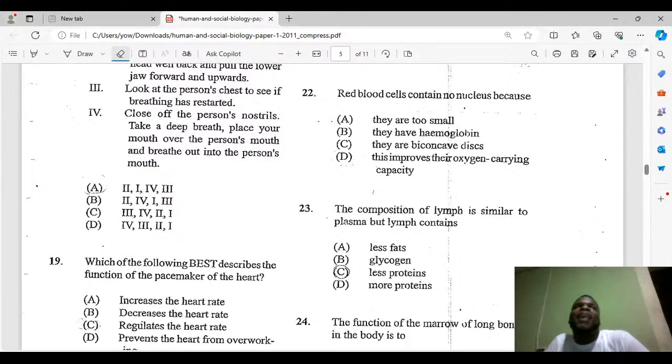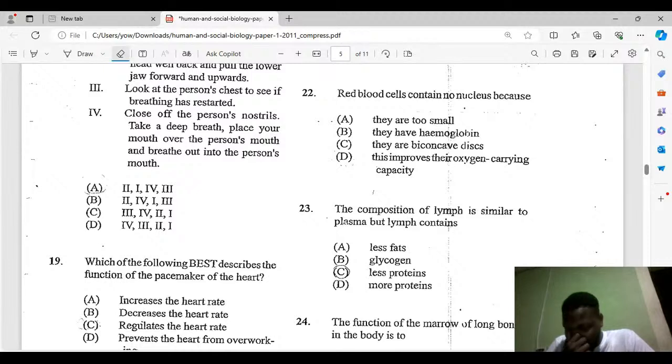Because biconcaveness improves the surface area, not the nucleus. So it has no nucleus because remember we were talking about the difference between white blood cells and red blood cells. Lymphocytes have a big nucleus because they make antibodies to fight off diseases.